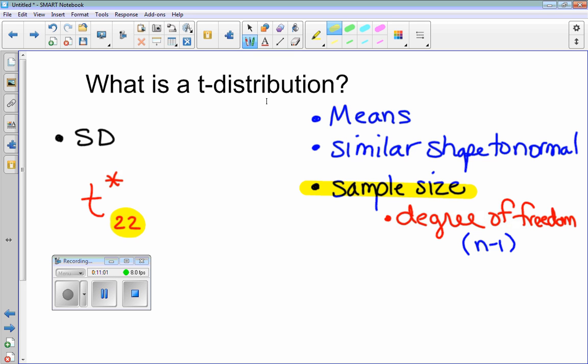In other words, when you had normal distributions, you basically had 1.96, 1.645, specific Z-star values that we used over and over again, right? That doesn't happen with t's, because the degree of freedom will be different almost every time.